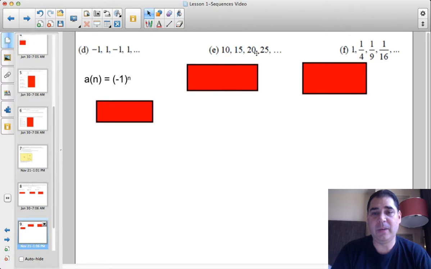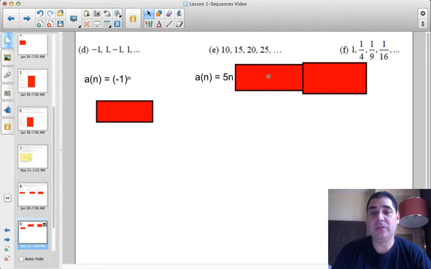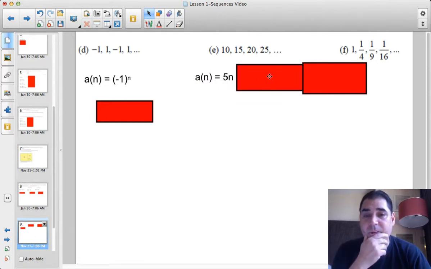Now this is going by the same number throughout. What is it going by? It's going by 5s, right? So now, just like I told you before, that's an arithmetic sequence. So it's going to be in the form of a n equals 5n, because that number that it's going by, that's going to be the number in front of the n. Now we have to figure out 5 times what?